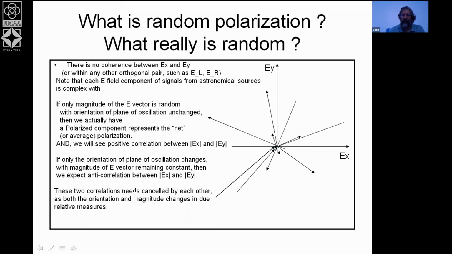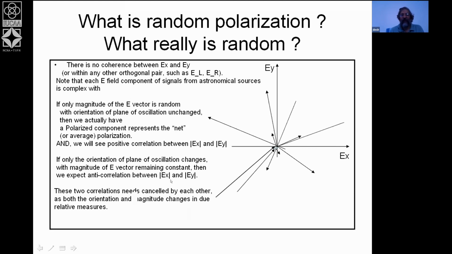If we were to have randomness only in orientation and not in the magnitude of the vector, then you will find that it will lead to anti-correlation, in the sense that as the orientation changes, what x loses is gained by y, and that will lead to well-defined anti-correlation.